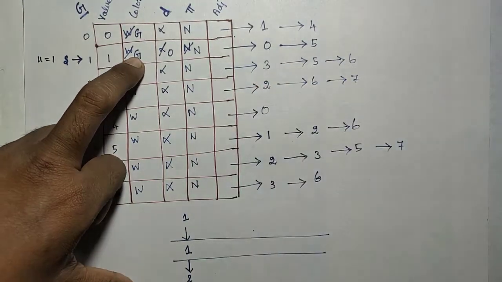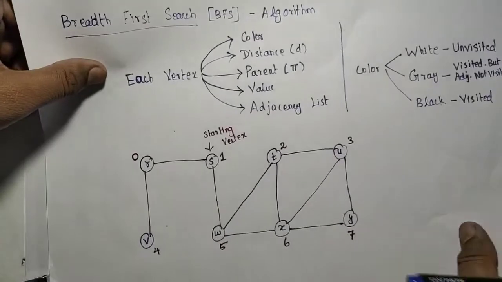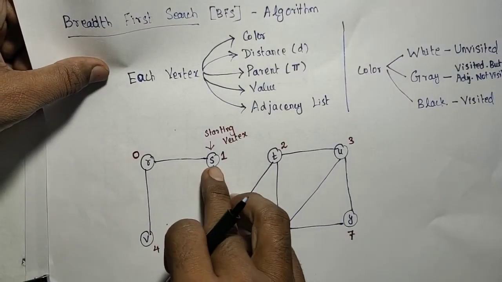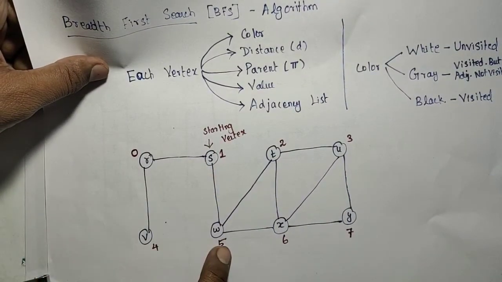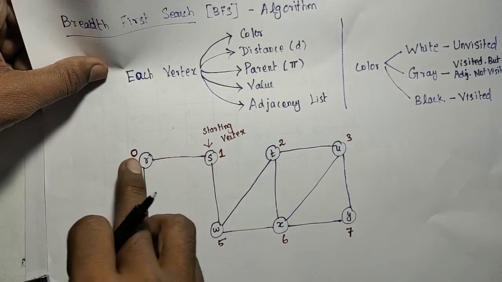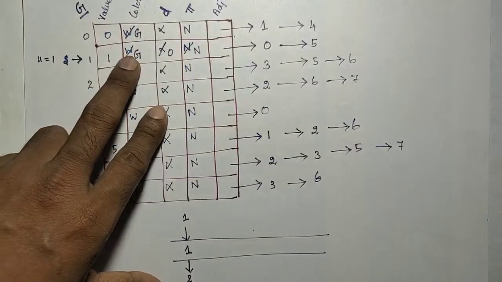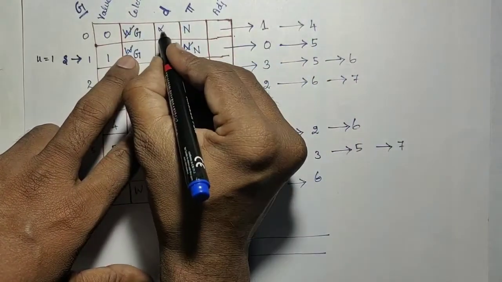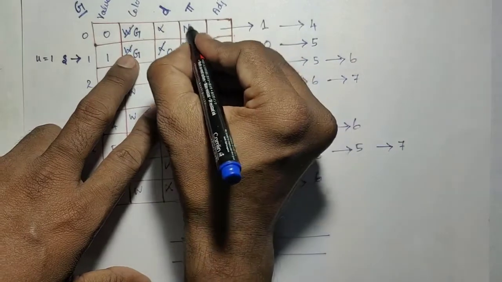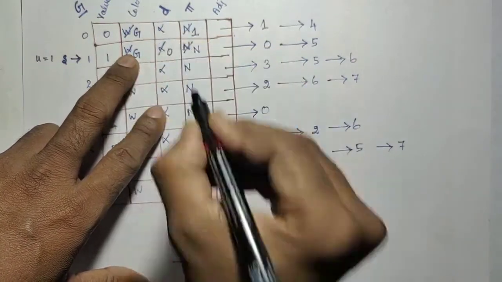It means that in the diagram, 1 is visited, and 1's adjacent nodes are 0 and 5. Now we are currently visiting 0, so the 0th parent has to be updated with 1. And what is the distance?